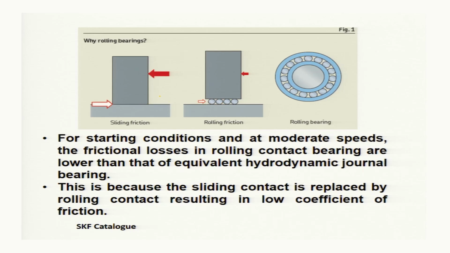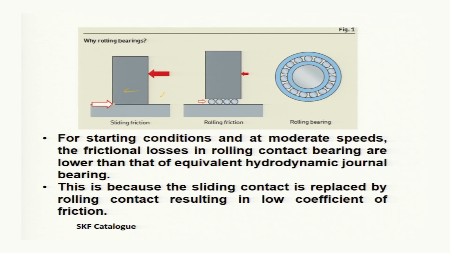In the case of sliding element bearings, that is just analogous to sliding of two elements or two surfaces or two masses with each other, and this is the area of contact, and a force is applied to slide this mass against this one. So here a lot of friction will be there, and that will be the sliding friction.